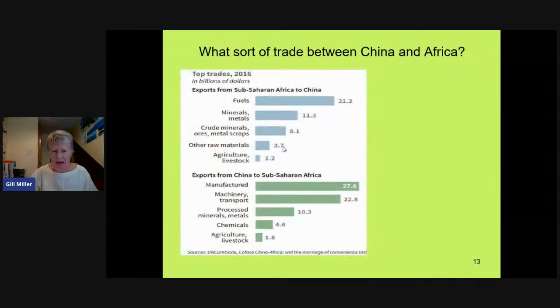And the sort of trade varies, as I suppose you would expect. So the top graph there, the exports from sub-Saharan African countries are predominantly fuel, predominantly oil, but a lot of minerals and metals, as we've been saying, to support Chinese manufacturing. But the exports from China to sub-Saharan Africa tend to be manufactured goods and machinery. And this is quite inevitable, I suppose.